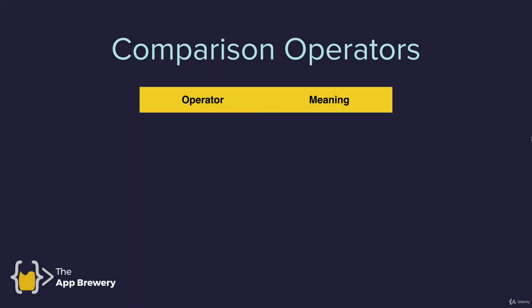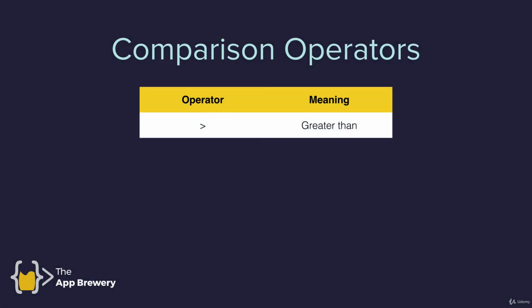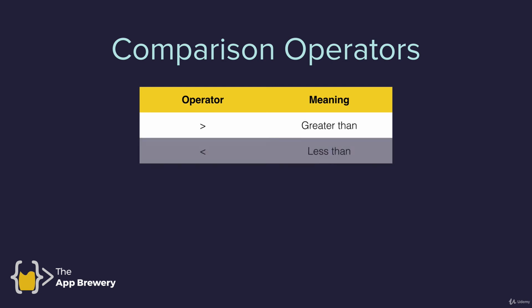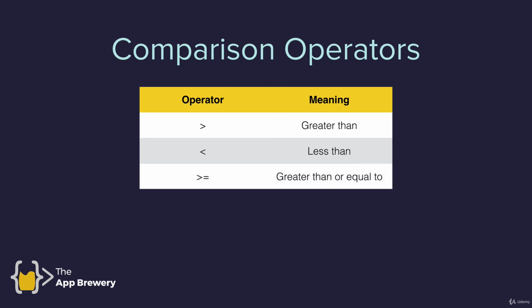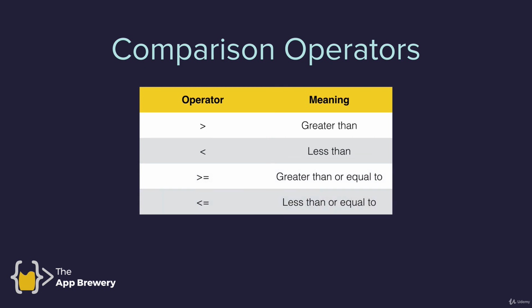Now these are called comparison operators. And we've already seen greater than, so lesser than is pretty self-explanatory, but we've also seen greater than or equal to and lesser than or equal to. So if you want to include a particular number or a particular value, when you do these comparisons, you would be using these instead.